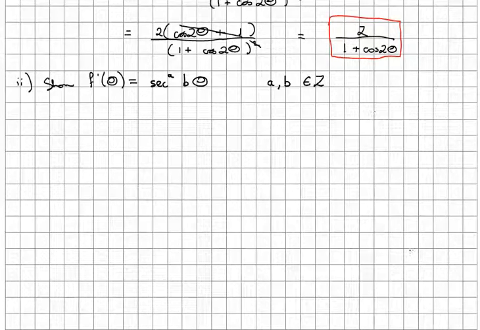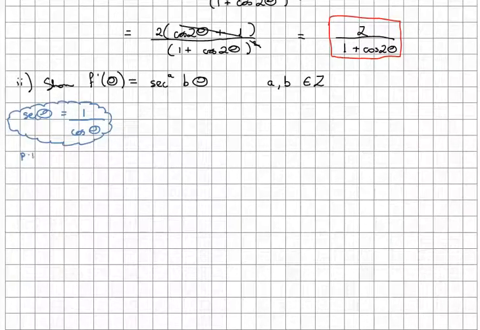Okay. Remember again from page 13 in the logs that sec theta is just 1 over our old friend cos theta. So remember that, also from page 13 in the logs.